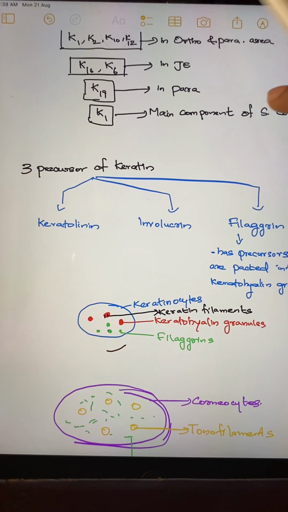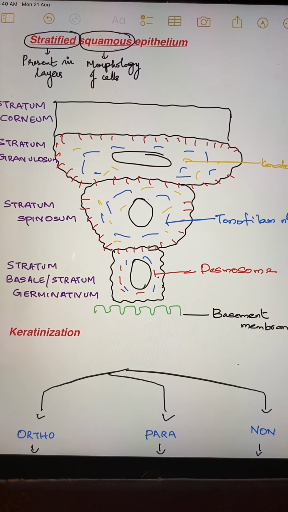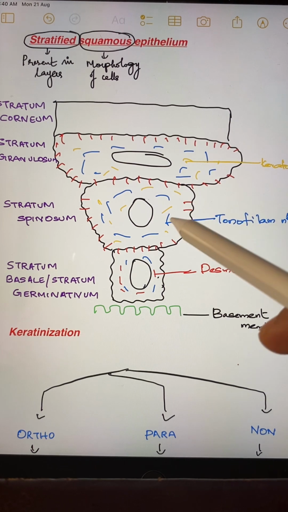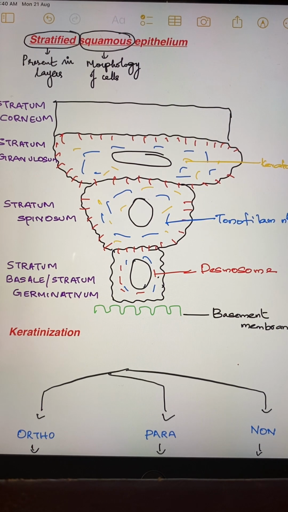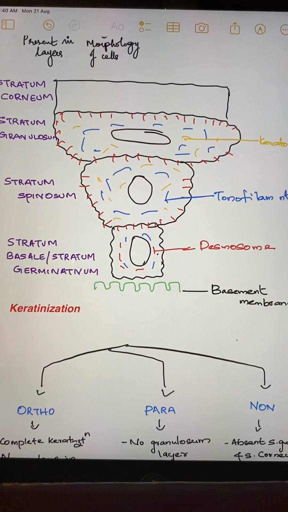So above the basal layer, we said, is the spinosum. There we can see the tonofilaments. They become denser here than in the basal layer. These can be seen in the spinosum layer, and above spinosum we said is the granulosum. The cells of the granulosum are a little flatter and wider than the spinosum layer.